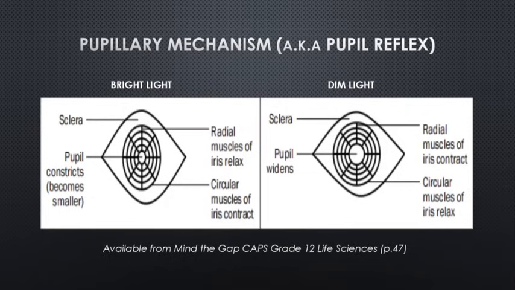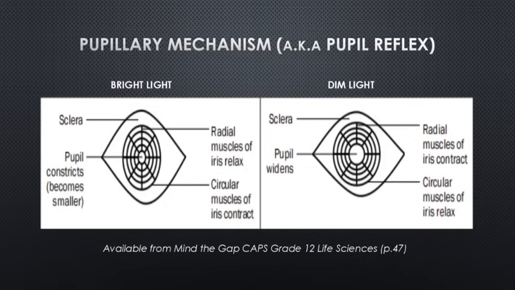In bright light conditions, the radial muscles of the iris will relax, and as they relax, the circular muscles contract. As they contract, the pupil constricts, meaning the diameter becomes smaller. Hence, the amount of light that enters is going to be reduced or decreased.